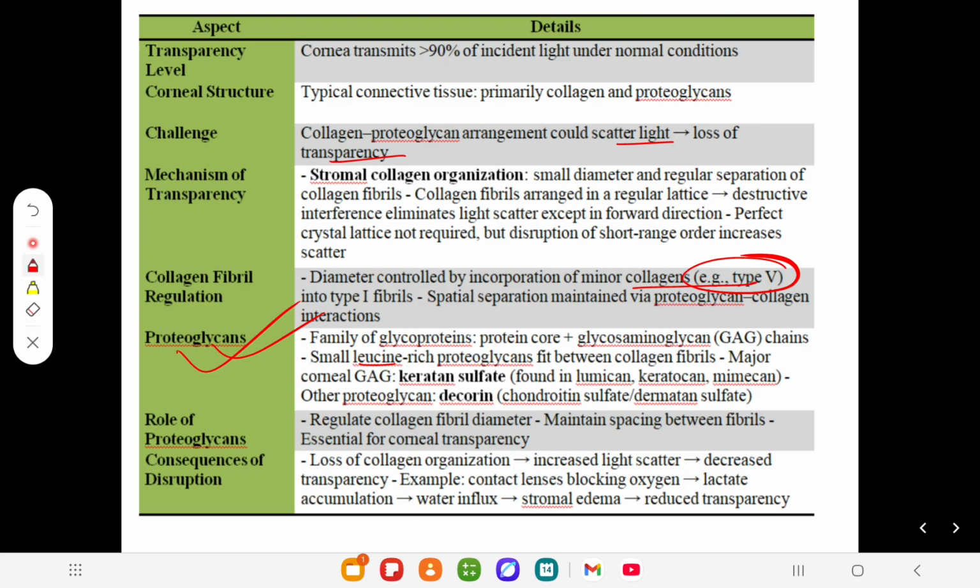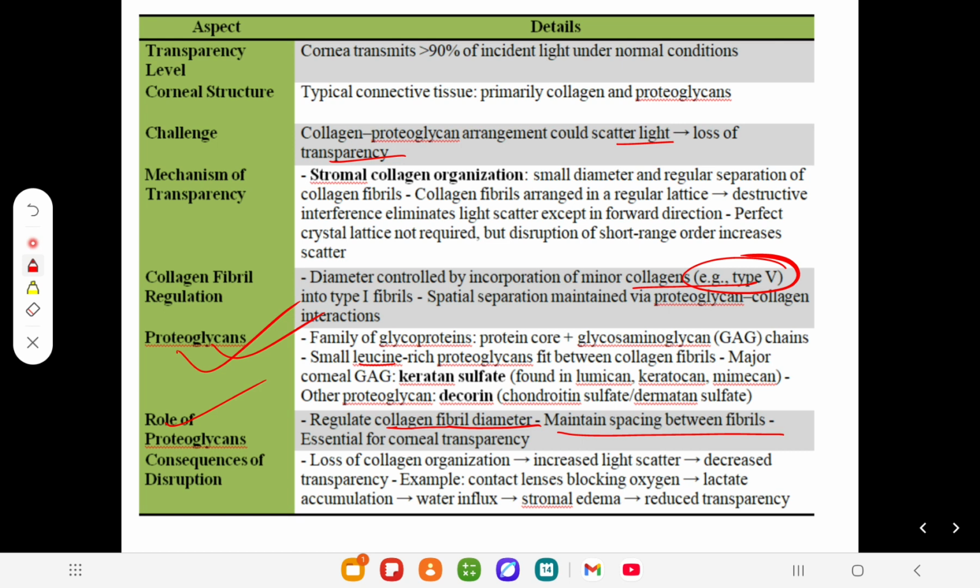They create negative swelling pressure because they repulse each other. The role of proteoglycans is to regulate the collagen fibril diameter, which is very important, and to maintain space between the fibrils. As I have already told, they repel each other. That's why they maintain the spacing between fibrils, which is essential for corneal transparency.